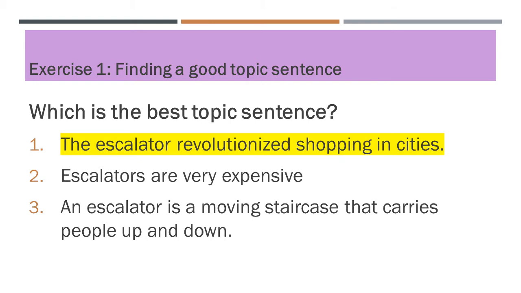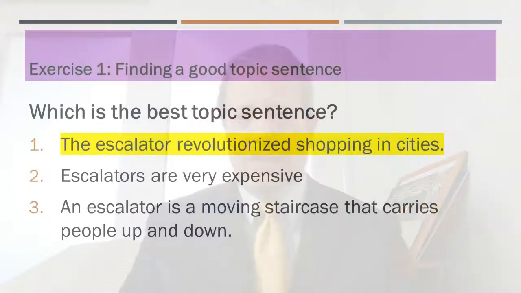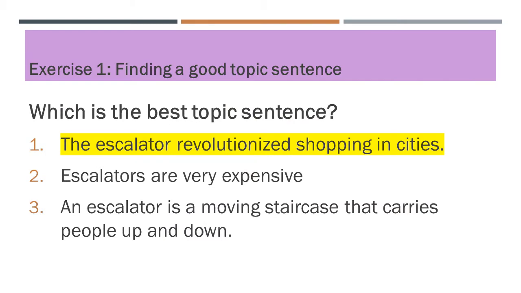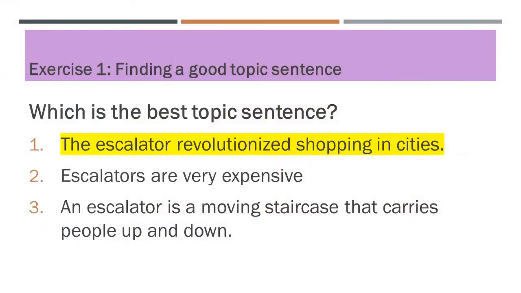Let's take a look at the wrong answers and then talk about why they're wrong. So number two is not a good topic sentence. Escalators are very expensive. I think the problem here is this one is just a fact, and it probably is a very well-known fact. They don't look cheap, and most people know that already. With number three, it says an escalator is a moving staircase that carries people up and down.